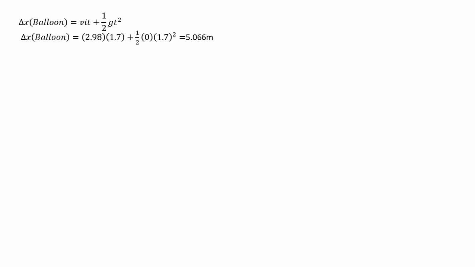Our gravitational acceleration in this case is 0 because the balloon was moving at constant velocity. Our answer is 5.066 meters. To get the final answer, we add the distance of the balloon and the distance of stone B, which equals 14.195 meters.